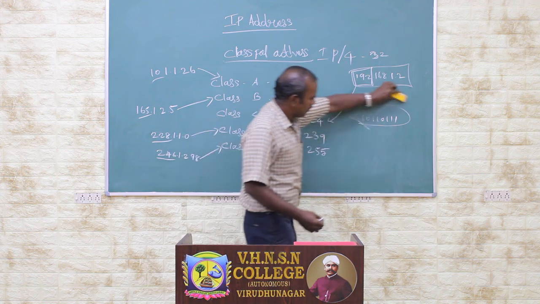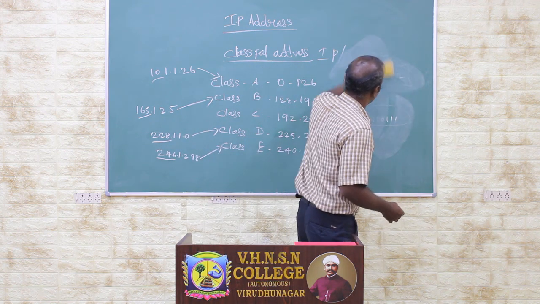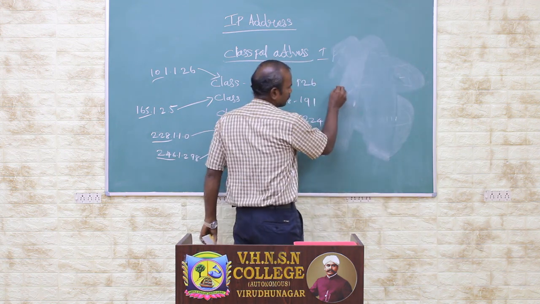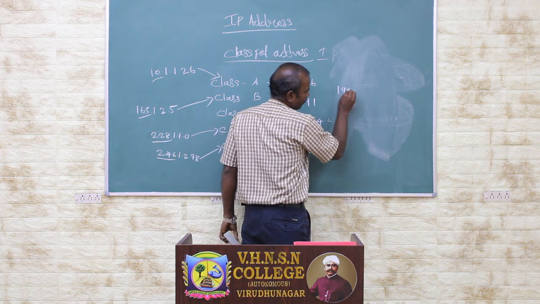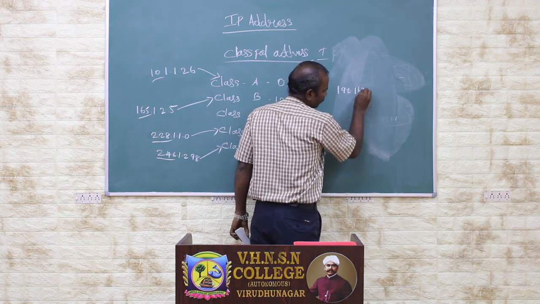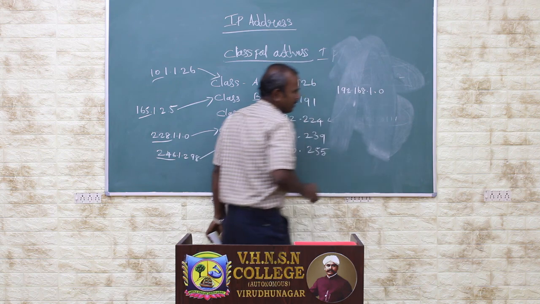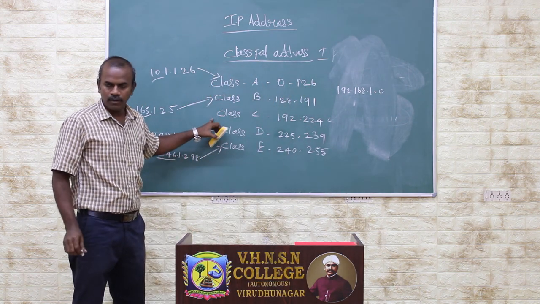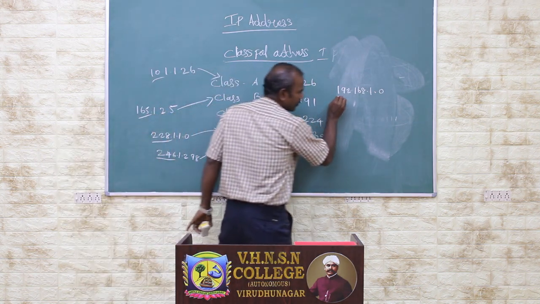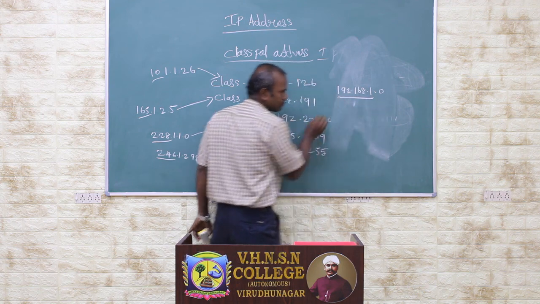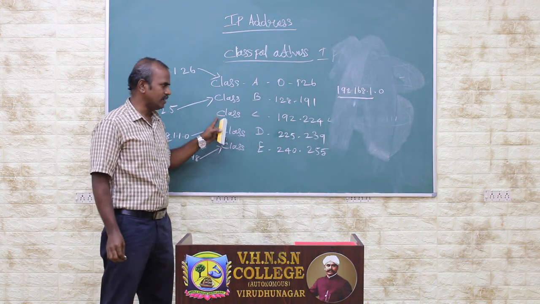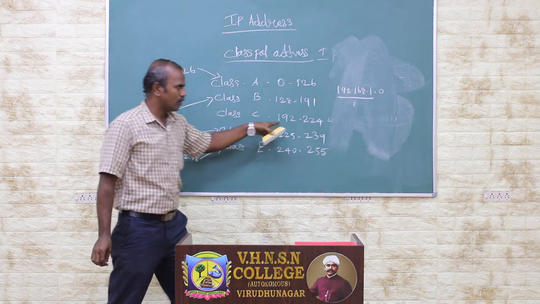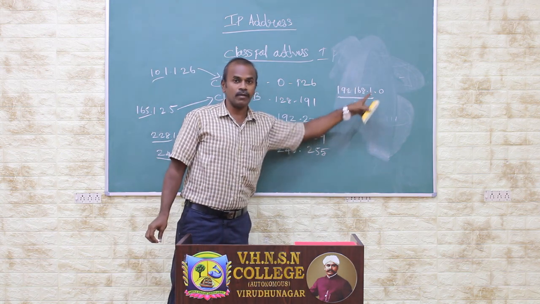Take the example of class C, where the range is 192 to 223. In a class C type, the first 3 parts should be the same.